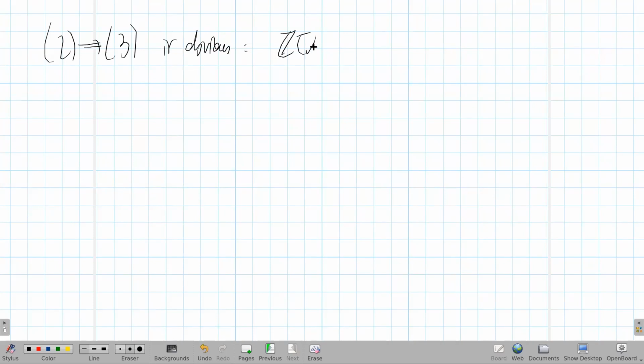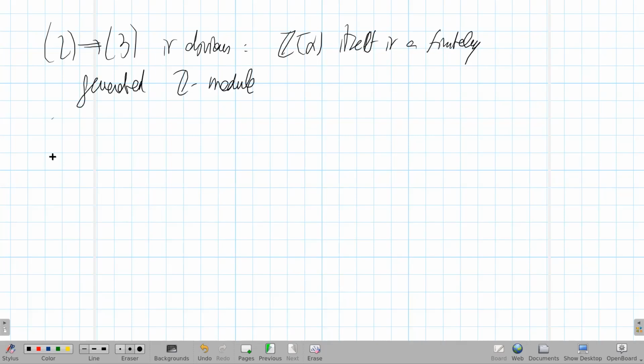Z[alpha] itself is a finitely generated Z-module. And 3 implies 2 is, well, disappointing, because I'm going to quote something.